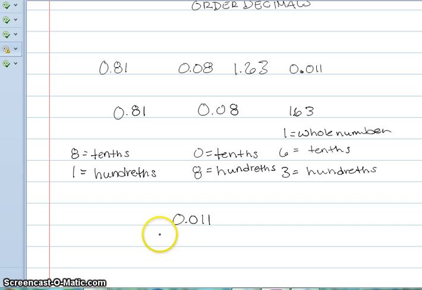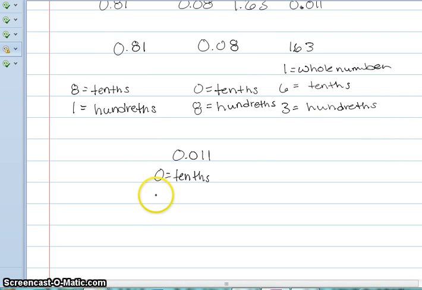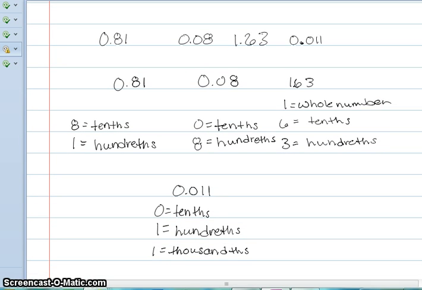The 0 is in the tenths. The 1 is in the hundredths. And the other one is in the thousandths. So we have all our numbers and their place values written down.